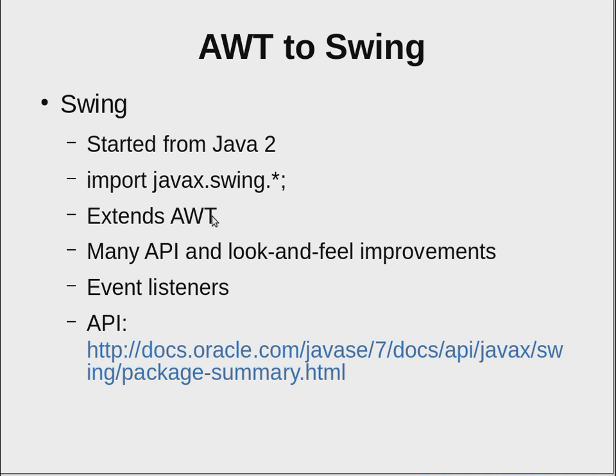So that means these AWT classes are still in Java, but they are not used directly, because Swing classes extend AWT, and we use and override all of these methods, etc. And we may use Swing, and of course indirectly we also use AWT, but we do not count them.